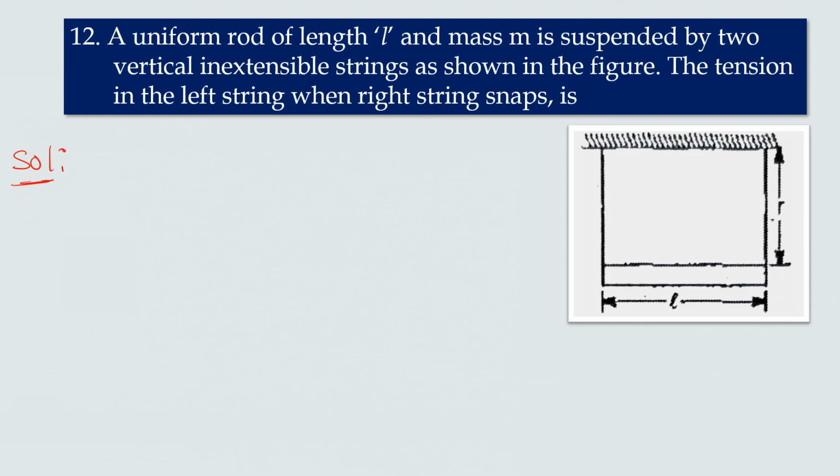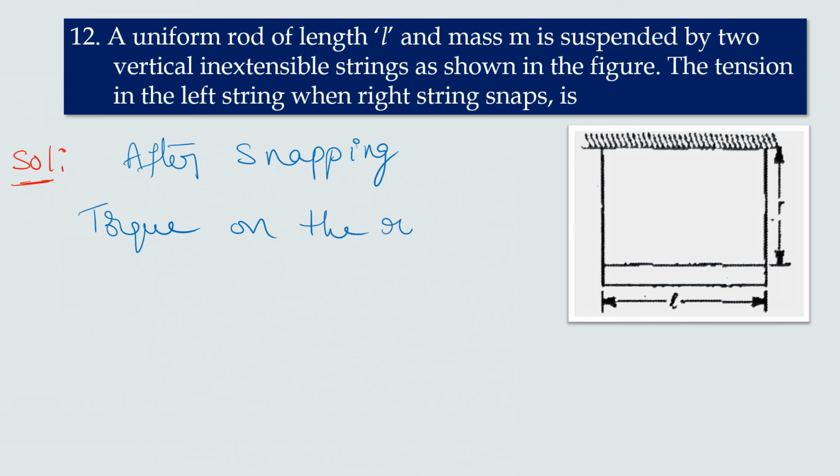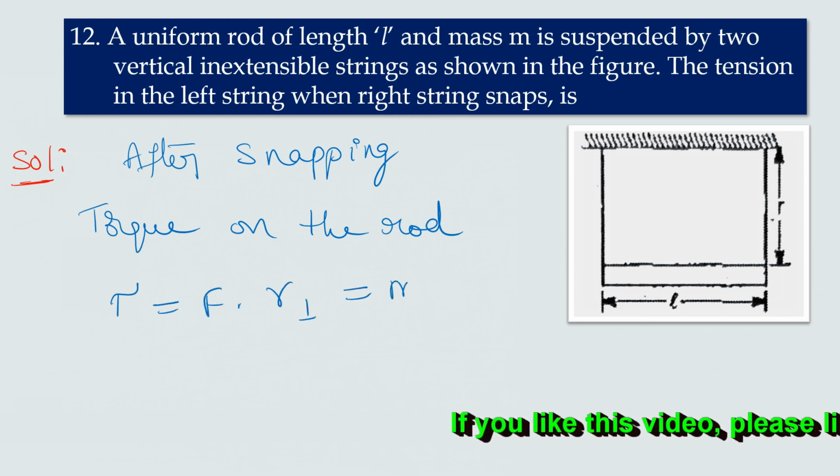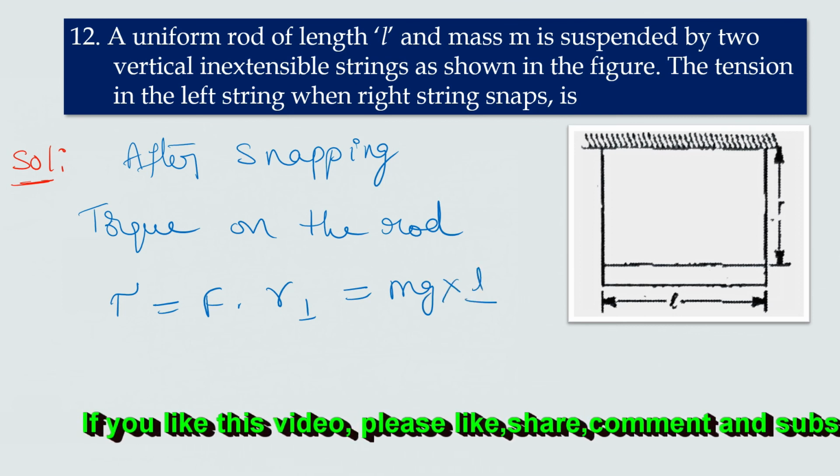Now after snapping, torque on the rod is equal to tau is equal to F into perpendicular distance, that is equal to mg into L by 2.